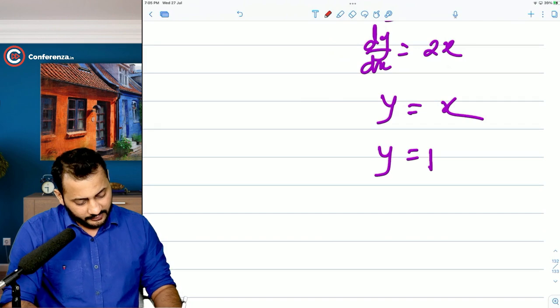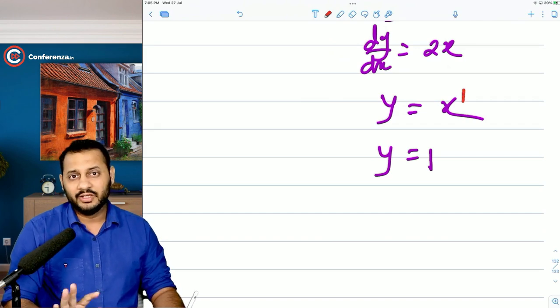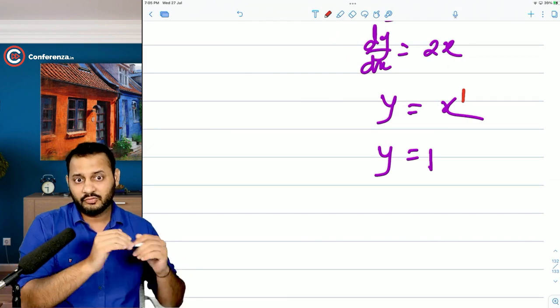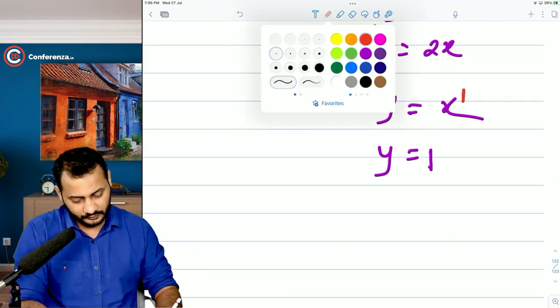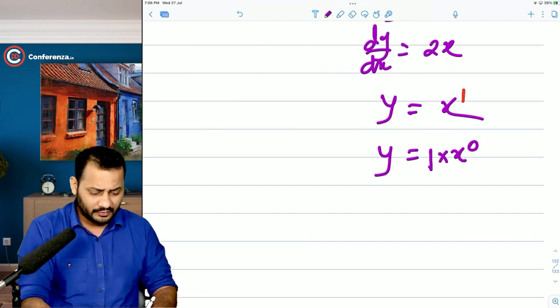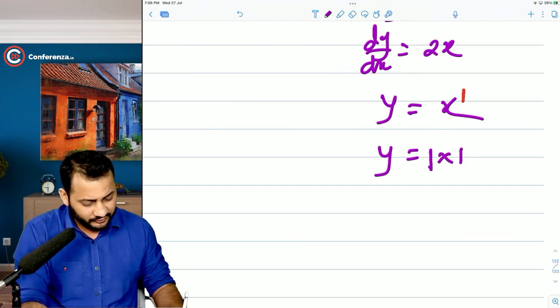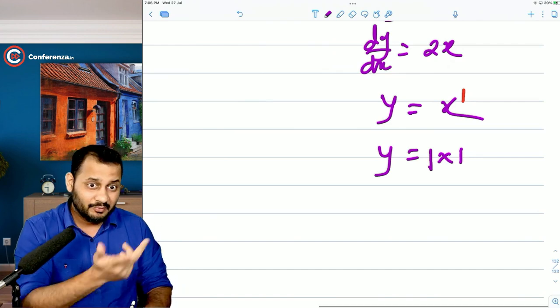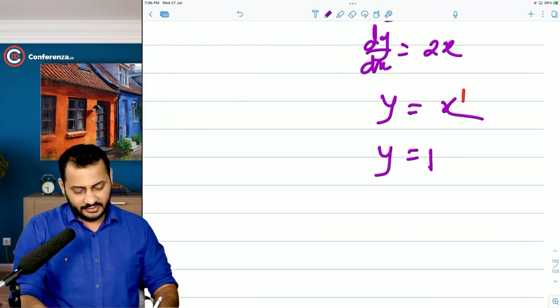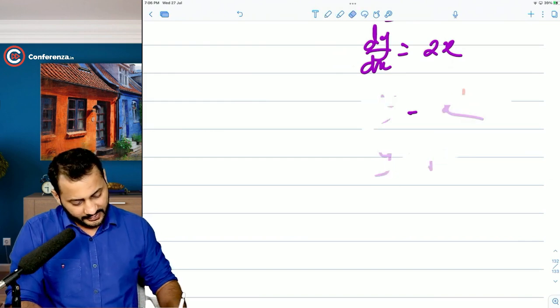You are not able to see it, but there is a 1 in the power when we write only x, and that 1 will come in front, and x to the power 1 less is x to the power 0. What is the value of x to the power 0? It is 1. So 1 multiplied by 1 is 1.